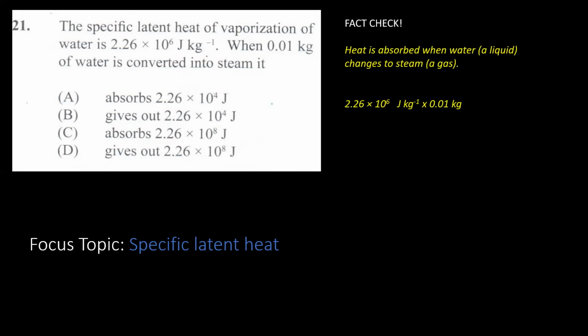Now we know that heat is absorbed when a liquid changes to a gas, and therefore we multiply the specific latent heat by the mass, which is 0.01 kilogram. That's 1/100th of a kilogram. And so our answer should be absorbs 2.26 times 10 to the fourth, since this is 1/100 of 2.26 times 10 to the sixth. So our answer is A.